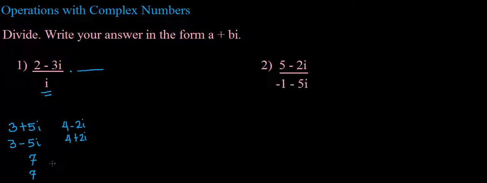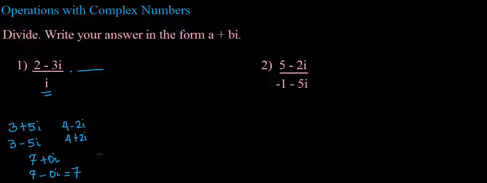You can also think that 7 can be rewritten as 7 plus 0i, which means no imaginary part. And then when asked for the conjugate, you could say it's 7 minus 0i, which would equal 7. So the answer would be the same.